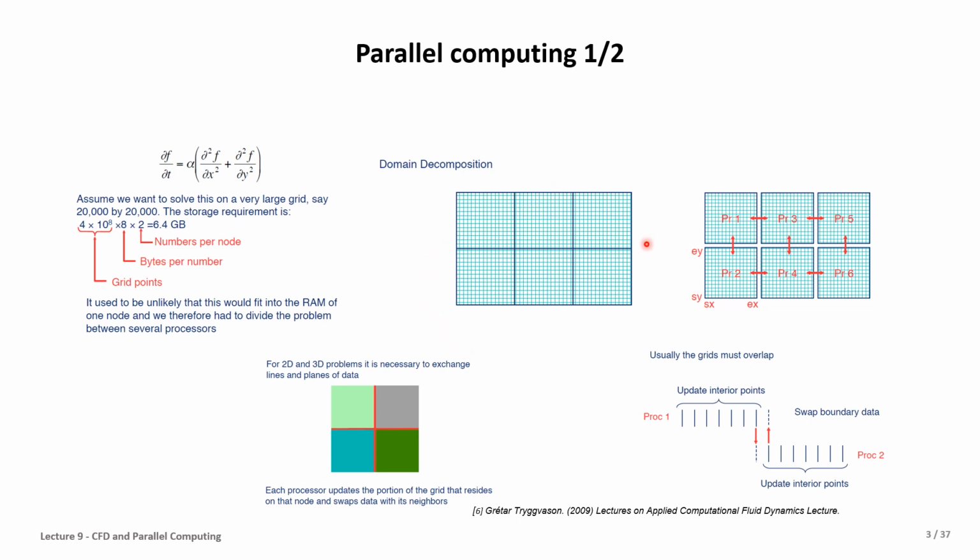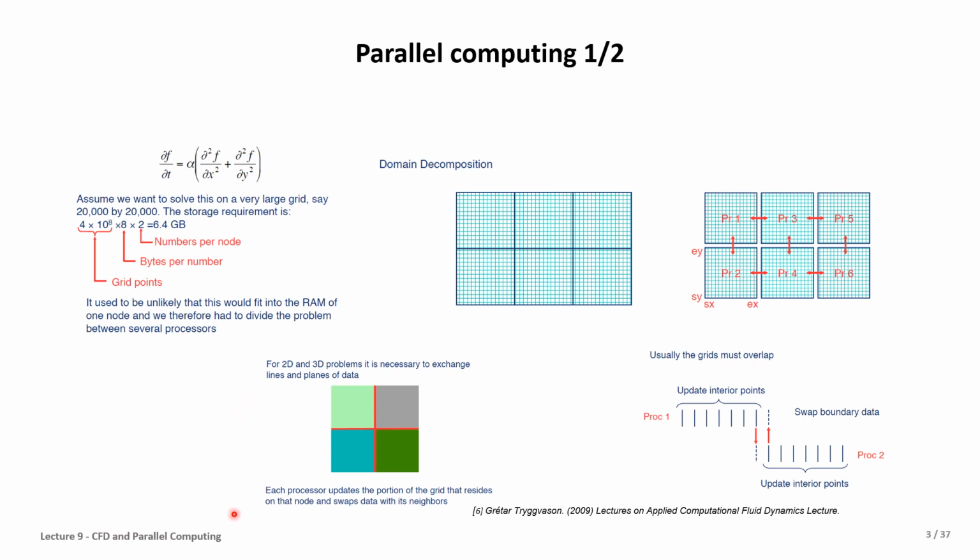We can split this domain into 6 smaller areas, and we send these 6 domains among 6 processors to do the parallel computing. We should specify that for 2D and 3D problems, it is necessary to exchange lines and planes of data.